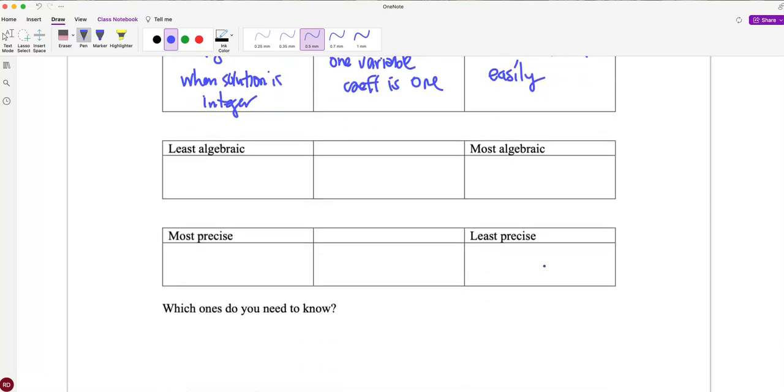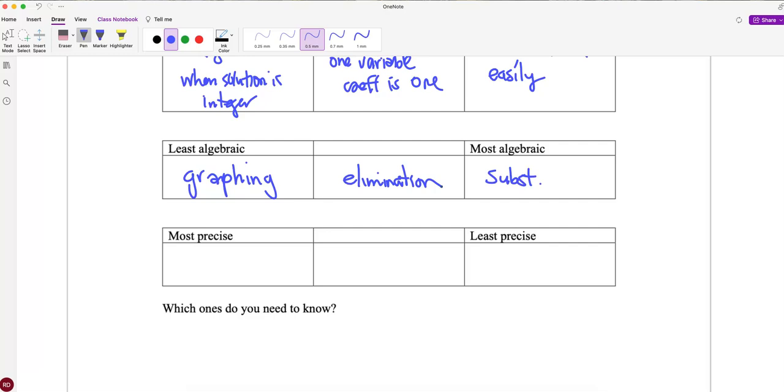The least algebraic method we have is graphing, okay? The most algebraic we have is substitution, because you have to algebraically solve for 2 variables. With elimination, one variable gets eliminated and you're basically solving for 1 variable.